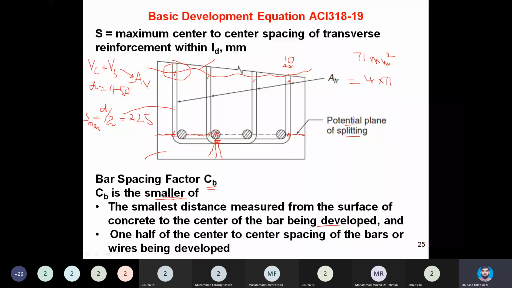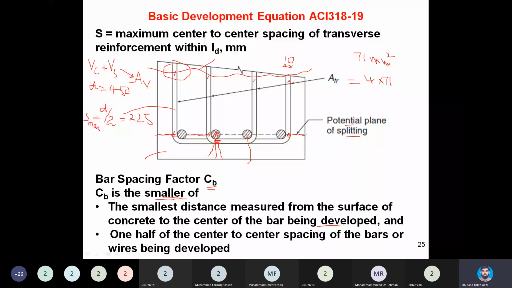In this case, this will be the smallest distance from center to the soffit. Yes, there are other distances from center to the edge, but they are quite big as compared to this one, because it is smaller from center to this.